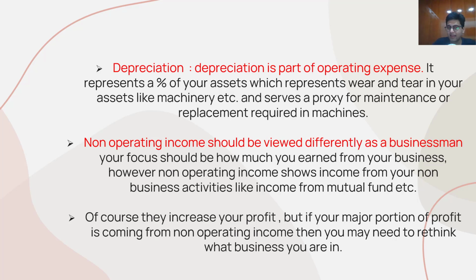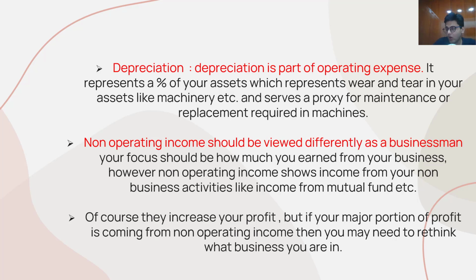Now, another simple side note: non-operating income should be viewed differently by you as a businessman. Why? Your focus should be how much you earned from your business, that is, your operating income. However, sometimes non-operating income shows income from your non-business activities. For example, if you have surplus funds and you have invested them in a mutual fund and you receive dividend from the mutual fund, that will come under non-operating income.